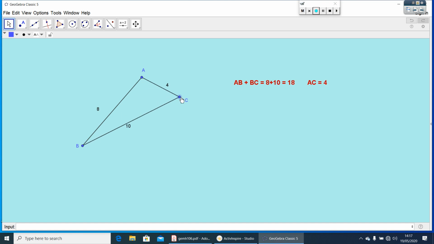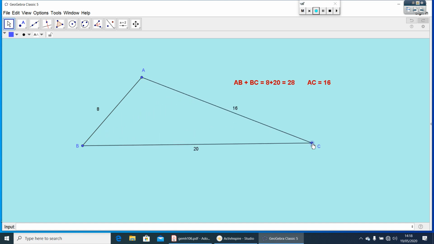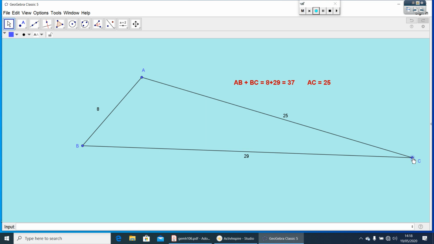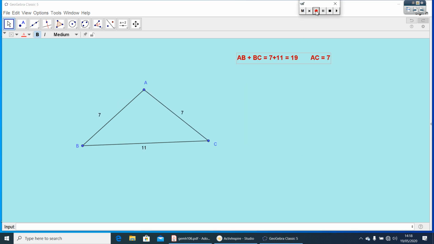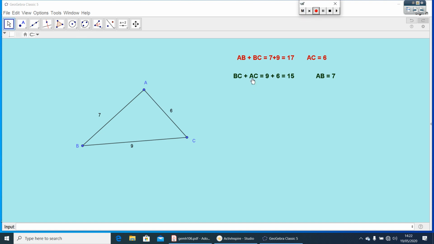In all the cases you will get AB plus BC greater than AC. Now what about BC plus AC? Is it greater than AB? Here BC plus AC, 9 plus 6, you are getting 15 and AB is equal to 7. In this case also BC plus AC is greater than AB.